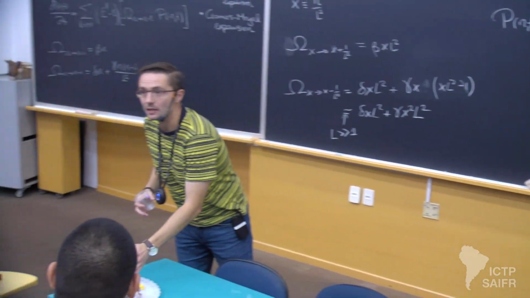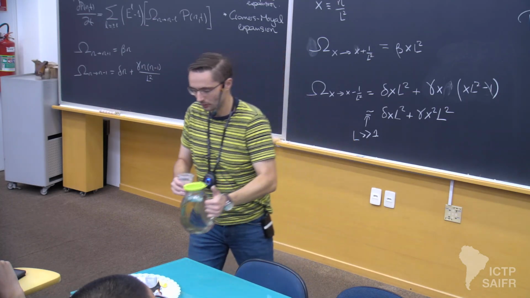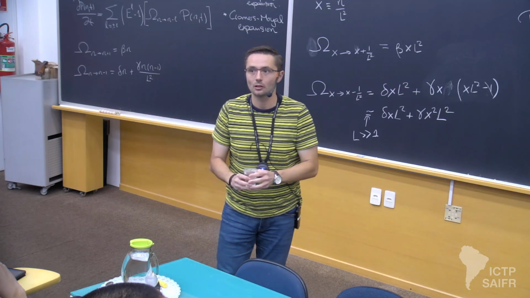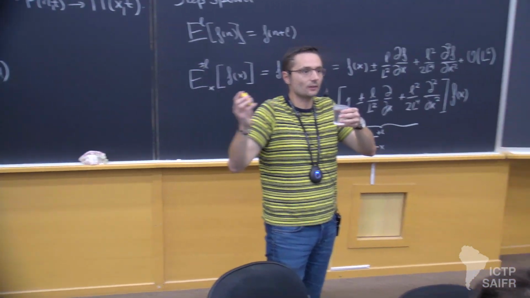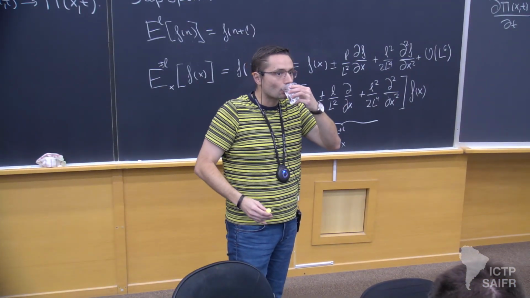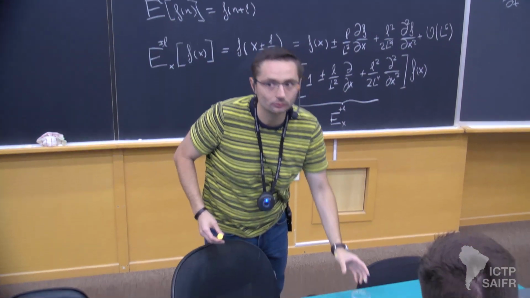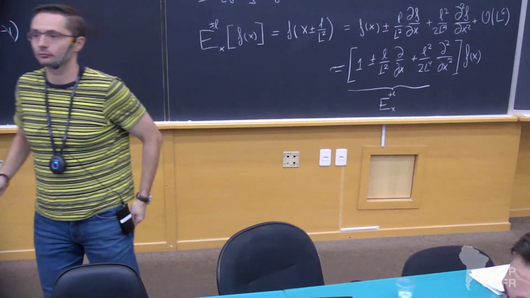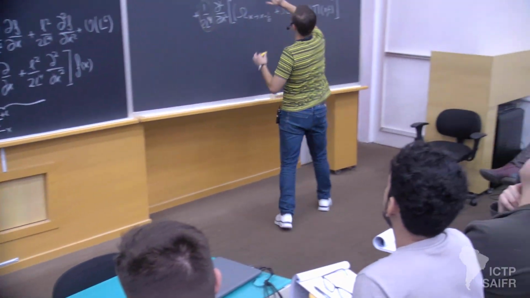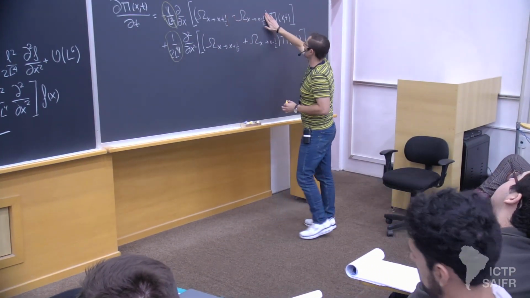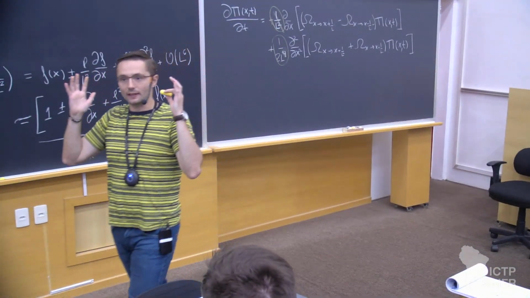So what do you think is the meaning of each of the terms in this equation? What does advection do in an equation in general, when you have, I don't know, a PDE with an advection term? So this first term, the advection term, is going to reflect the deterministic part of the dynamics.